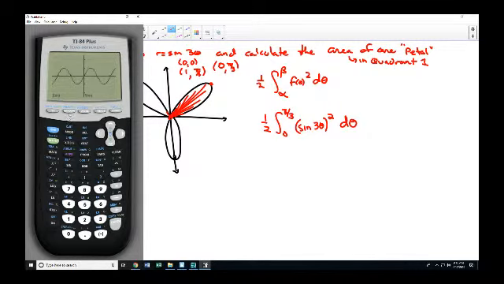I'm going to adjust my window a touch, so we go from 0 to 5. There we go. How many petals are there? 3. 1, 2, 3. Right, so there's petal 1, that's what we've read. This is petal 2, and then petal 3 is here, then it would repeat.